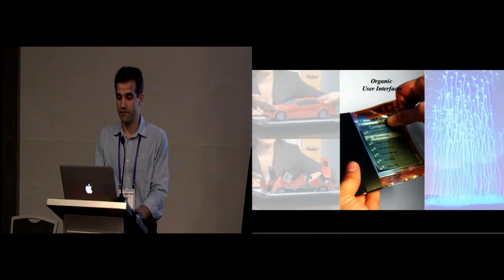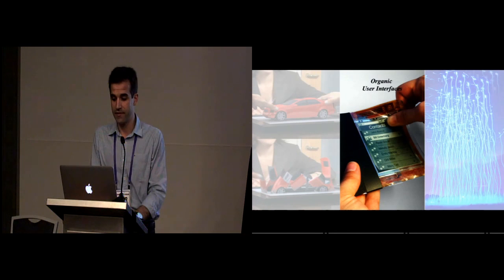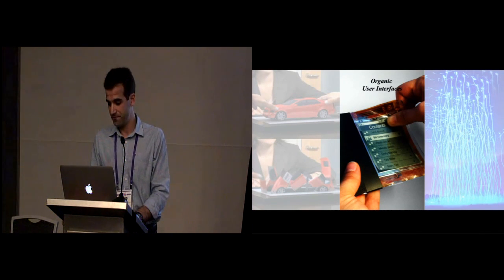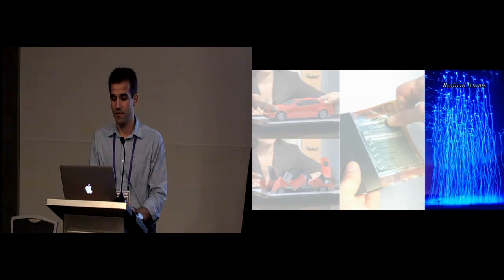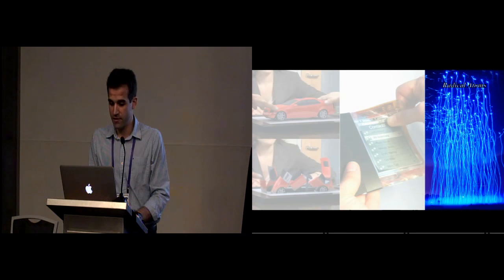Organic user interfaces, whose goal is to move beyond flat interfaces and to contextualize interaction in an object's physical shape. And radical atoms, a vision that alludes to human interaction with future dynamic materials that are computationally reconfigurable.